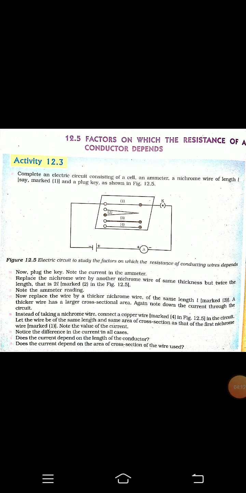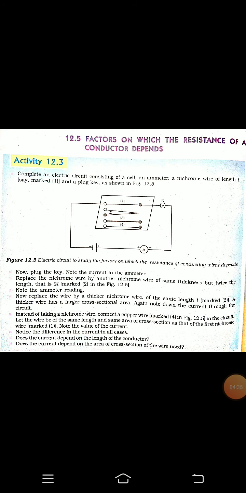In the third case, when we used a thicker wire of the same material, nichrome only, but thicker than before, then I has increased. That means the electric current has increased compared to before.